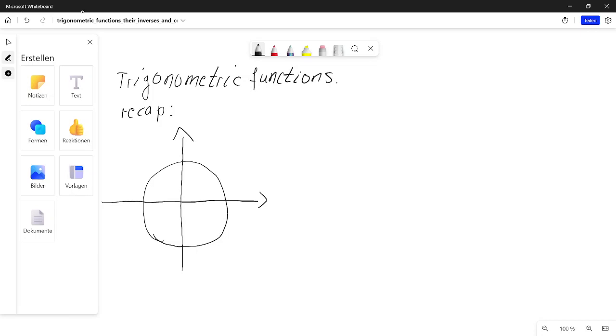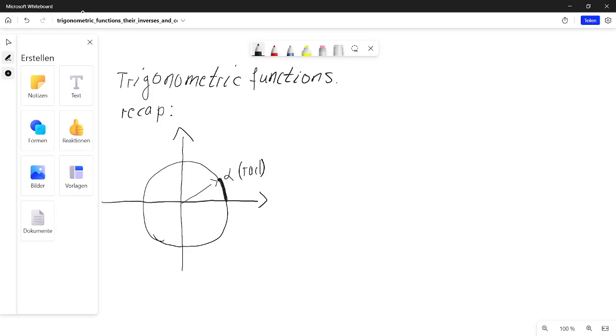If you recall, if we have an angle alpha, we can measure this angle simply as what part of the whole circumference the corresponding arc length which this angle makes out, right? What part of the circumference.